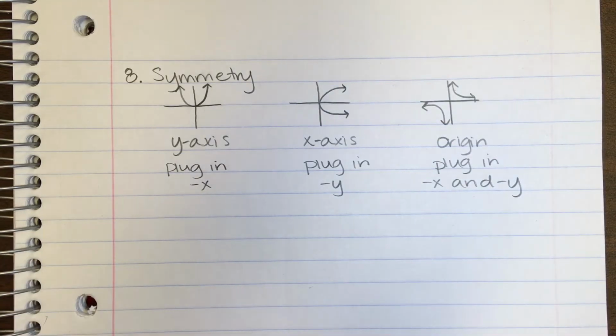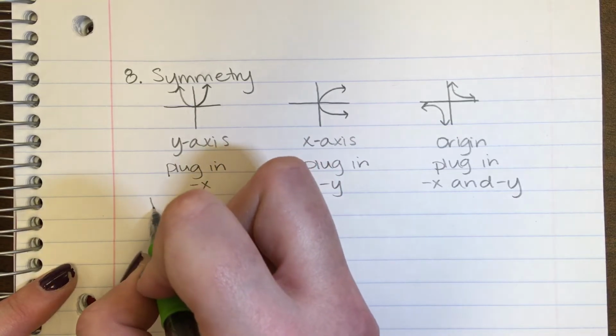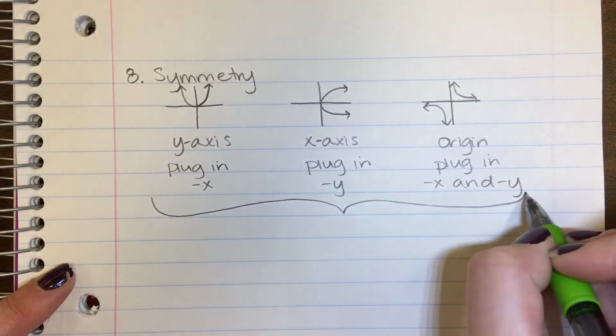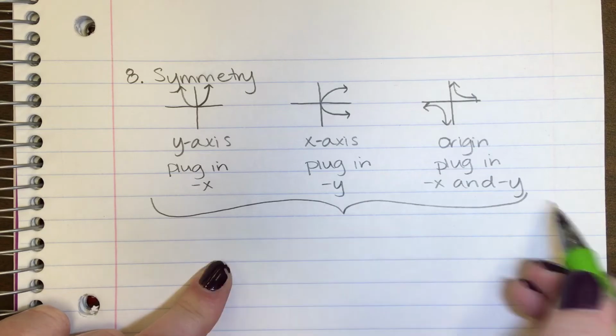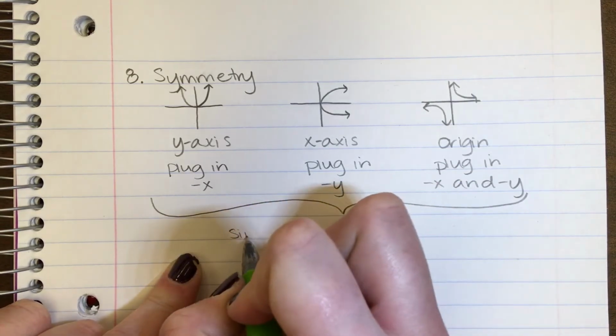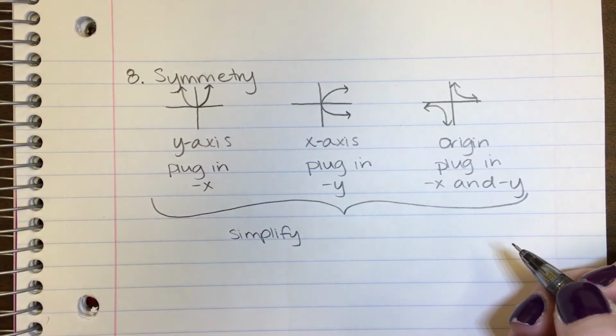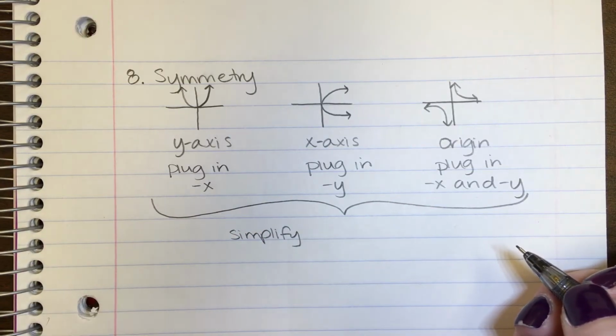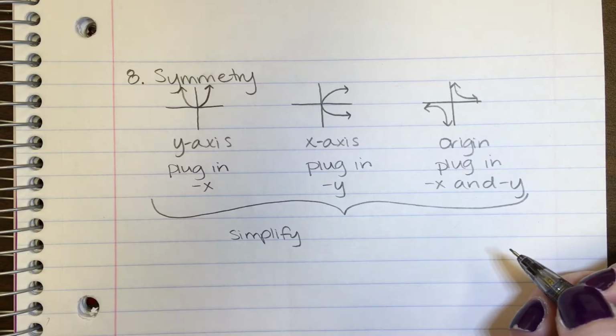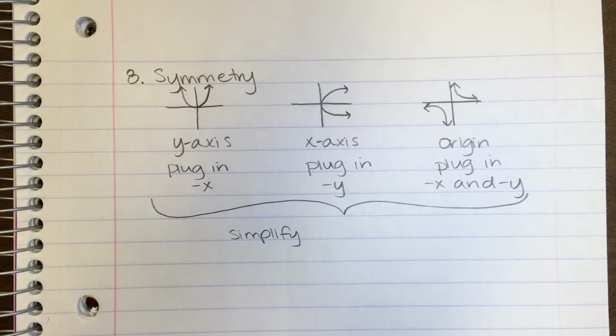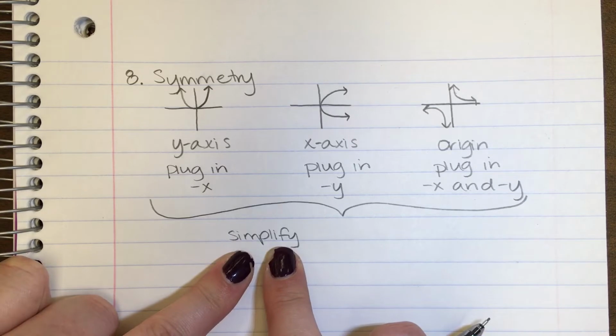So three different ways of checking it, but the conclusion that you get is based on the same type of result. So after you plug that in, you're going to simplify what you have. So if you have negative x to the fourth power, you're going to say negative x times negative x times negative x times negative x would give me a positive x to the fourth. Or if you have the absolute value of negative x, then you'd say anything inside absolute value is positive. So it'd be positive absolute value of x, that sort of thing. So you would simplify it.